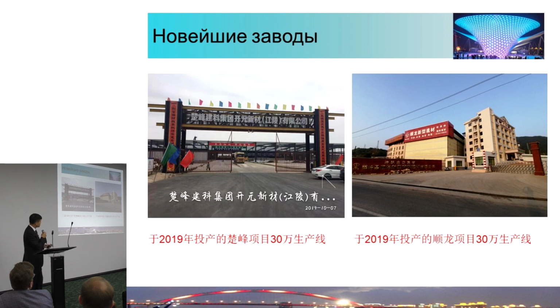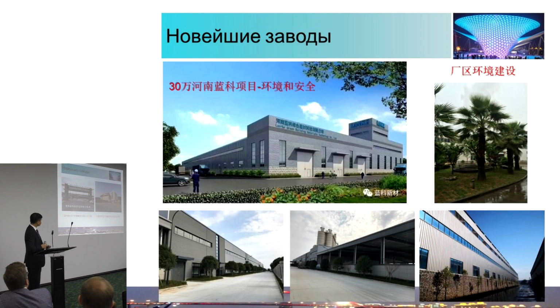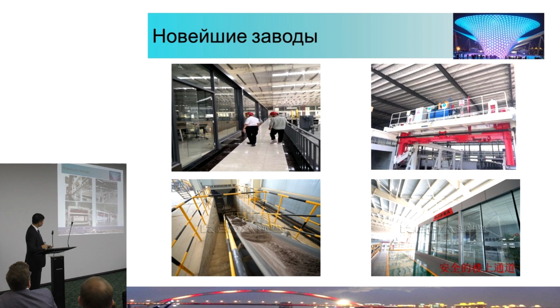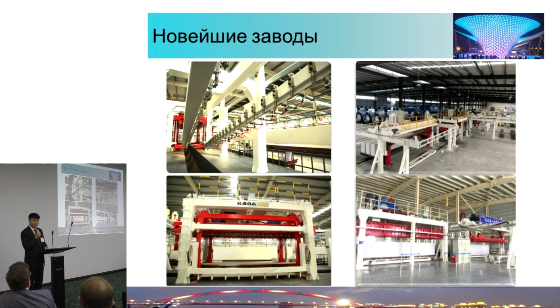Now some new plants are running, some modern factories. More and more advanced, modern plants are appearing. This is the modern design for a whole plant. They are built literally from scratch, greenfield, so everything there is modern. Nowadays in China, the AAC factory design and management are top level, just like a food factory with very good management. The management at these plants is the most modern and the requirements the strictest, literally like at food production enterprises.